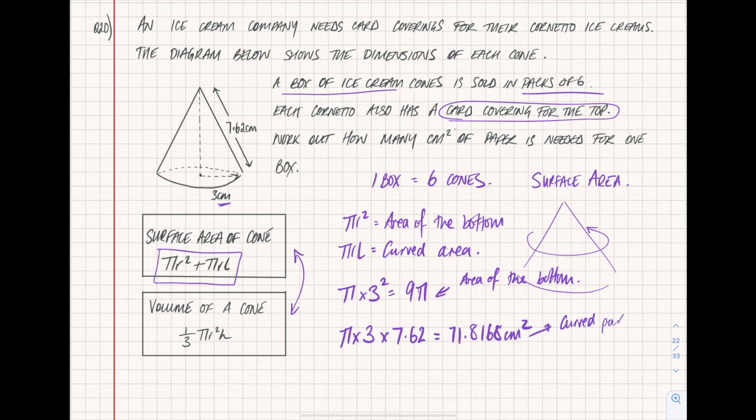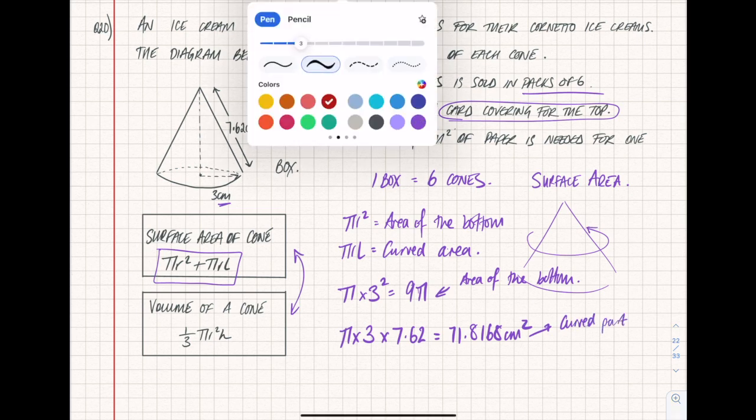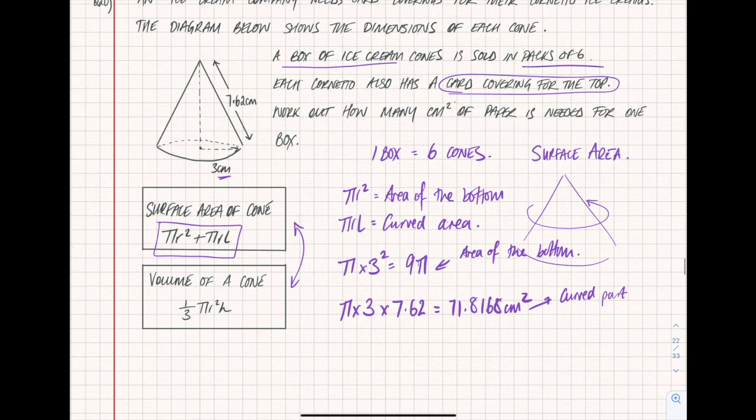Okay. What I now need to do is I need to think to myself, I want to add both of those together. So let's just turn 9 pi into a number which is 28.27. So that is the area of the bottom. That is the curved bit. So we need to add both of those together, and that will give me one cone.